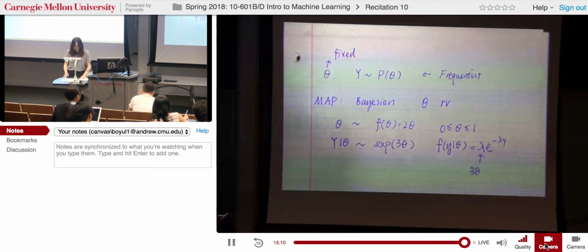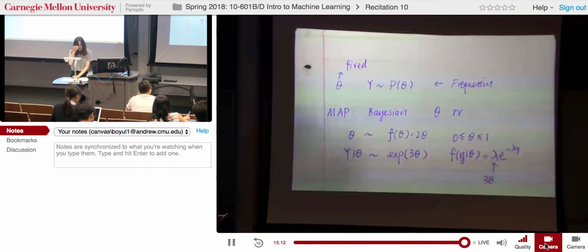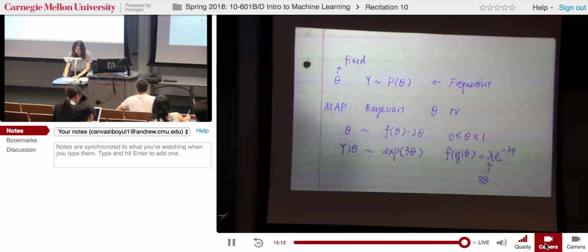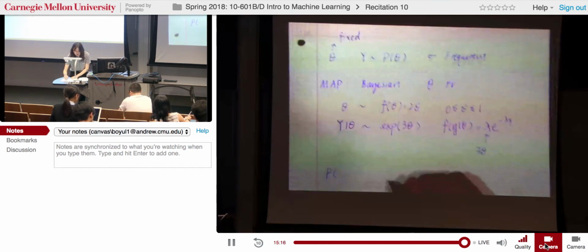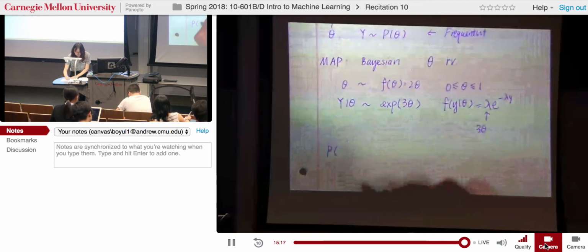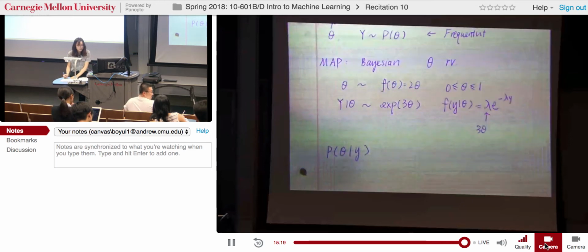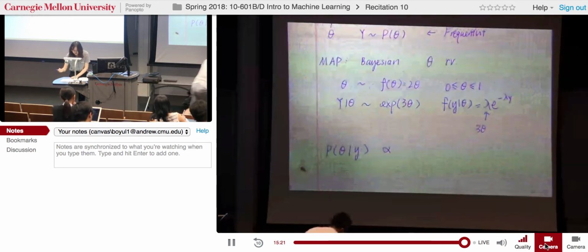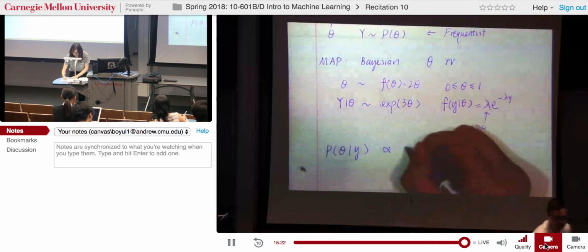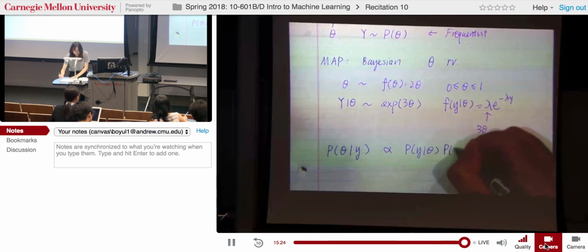Okay. So for MAP, the probability we're trying to maximize is the posterior probability, the probability of theta given the observation y. And this is proportional, by Bayes' rule, to the probability of y given theta times the probability of theta.